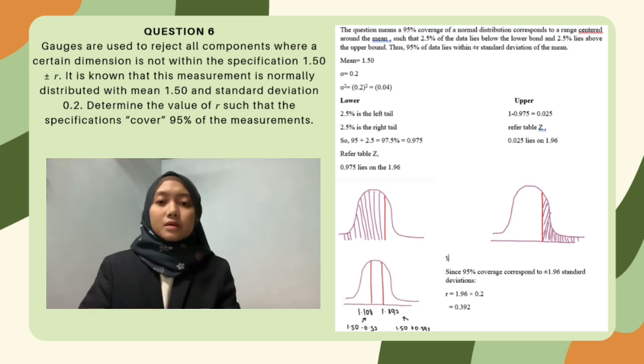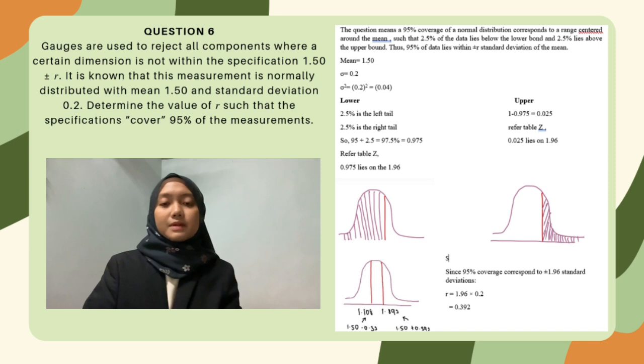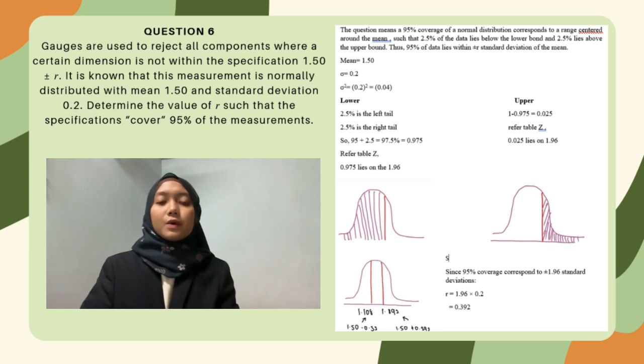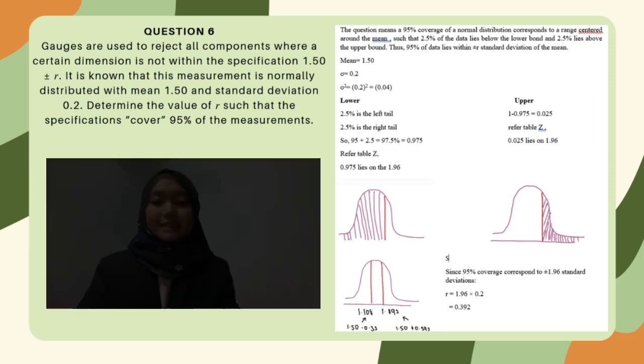So, 2.5% is the left tail and 2.5% is the right tail. So, 95 plus 2.5 is equal to 97.5% or 0.975. Refer to table Z, so it lies on 1.96.